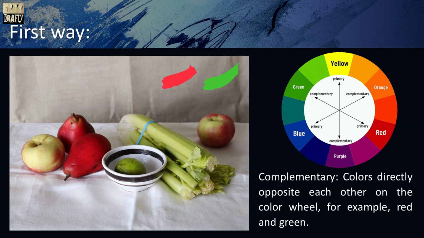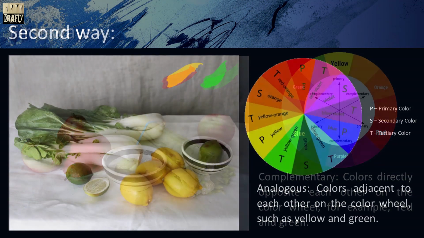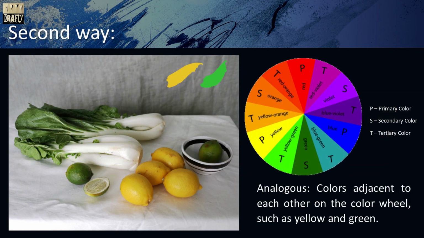The first way, with complementary colors. Colors directly opposite each other on the color wheel, for example, red and green. The second way of composition is analogous colors.